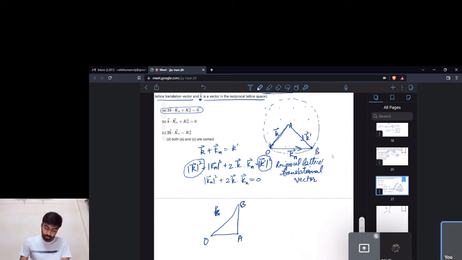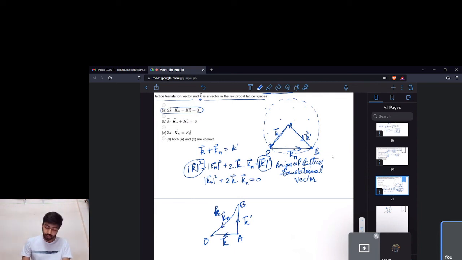So O to A we have the k vector, A to B we had k prime, but O to B is kn. Now I can also say that this goes in the opposite way, right?